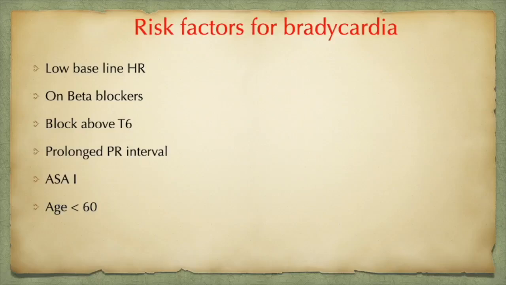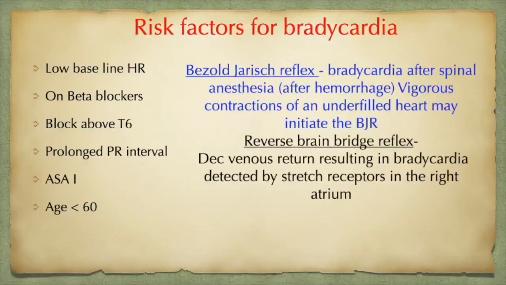These are the risk factors for bradycardia: low baseline heart rate, patient on beta blockers, block above the level of T6, prolonged PR interval, ASA 1, and age less than 60. These are the two reflexes which account for the bradycardia after spinal anesthesia.